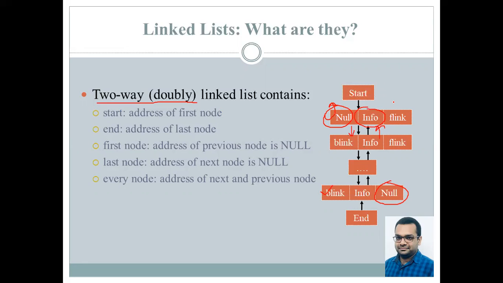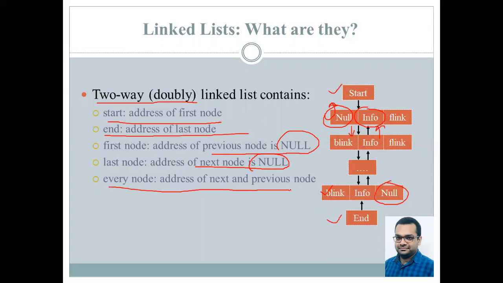Apart from these nodes in the linked list, there is a start node and an end node, also called pointers. In the single linked list and the circular linked list, we just had the start pointer. Over here, the start pointer holds the address of the first node and the end pointer holds the address of the last node. As we have just told, there are no nodes before the first node, so its previous address part is null, and the last node's forward part is null, and every other node has the addresses of the nodes next and previous to it.